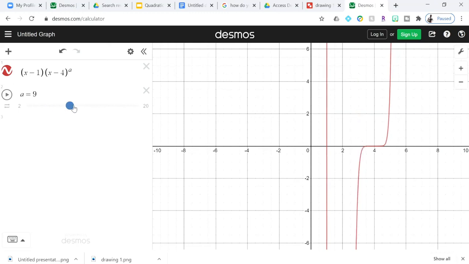We can see it switch between bouncing and going through as we change the A value from an odd number to an even number. So the evens, they bounce. The odds, they go through. And that's what I want you to see with this exercise.